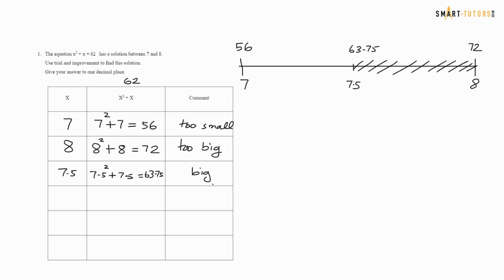So I'm going to use the halfway point. 7 and 7.5 is going to be 7.25. So if I put 7.25, what is going to be the answer?